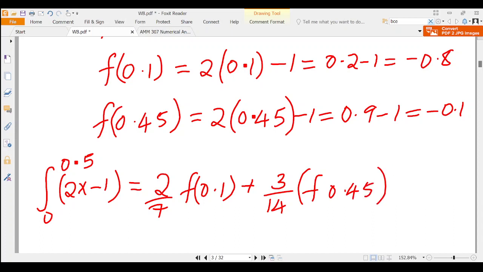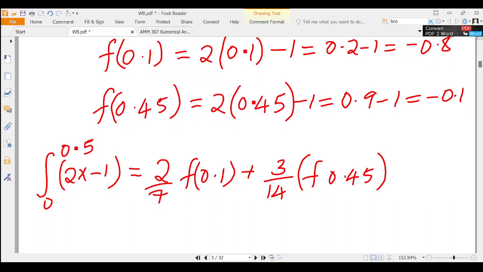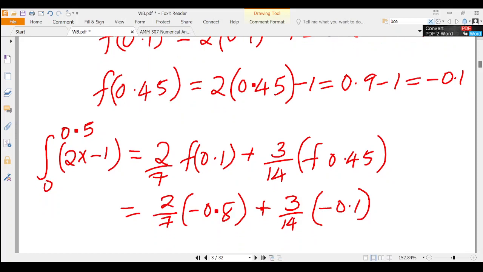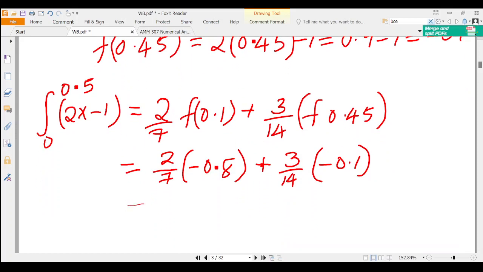We know these values, so we substitute: we get 2 over 7 times negative 0.8 plus 3 over 14 times negative 0.1. If we work this out, the result is negative 0.25. You can confirm that the result is negative 0.25.